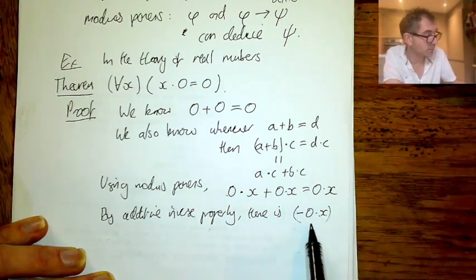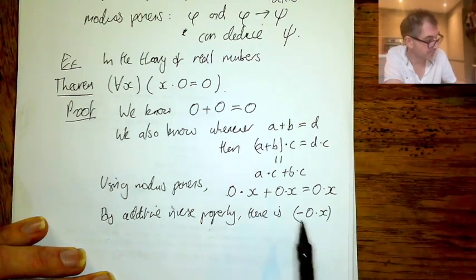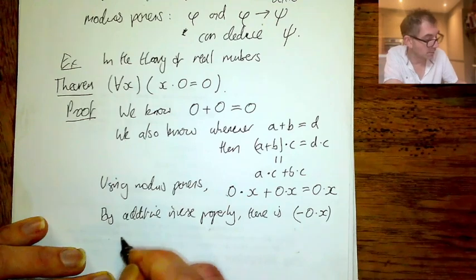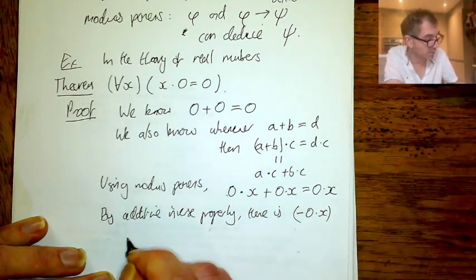And I know that whenever I add it to 0 times x, I get 0. So I'm going to add this to both sides of the equation.